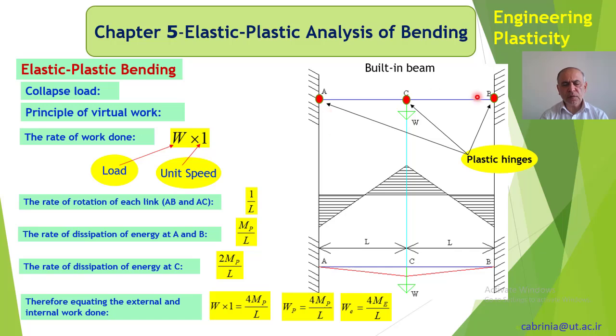So this kind of computation could be used for design purposes as well. I will talk about this. It means that you can use the plastic capacity of the beam in order for the beam to carry out more load. Because if you use the elastic capacity, you can go only up to My.